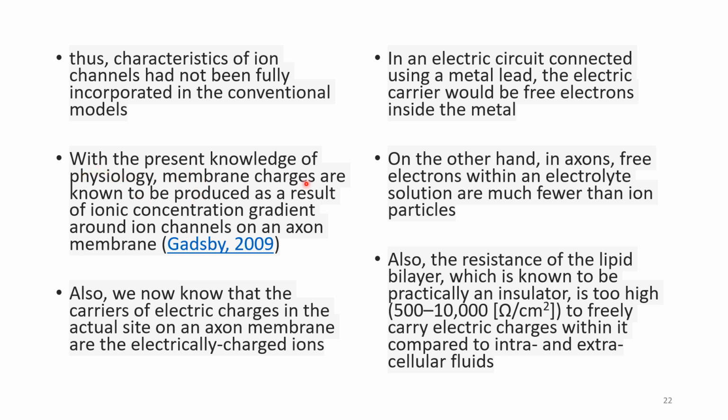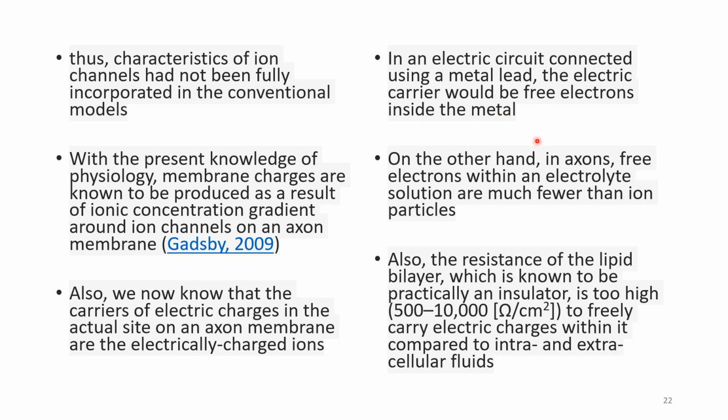So with the present knowledge of physiology, we know that this happens because of the ionic concentration gradient across the membrane, and electrically charged ions move across the axonal membrane. In an electric circuit connected to a metal lead, the charge carriers are free electrons inside the metal.